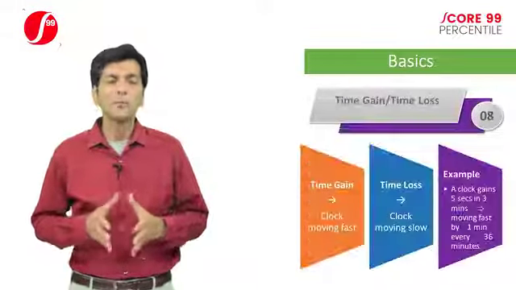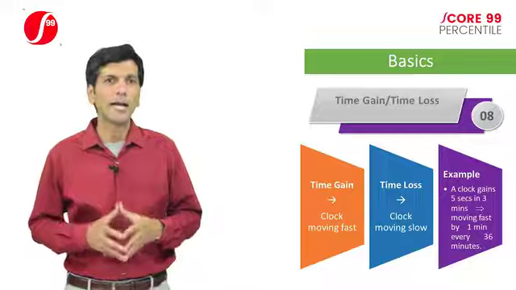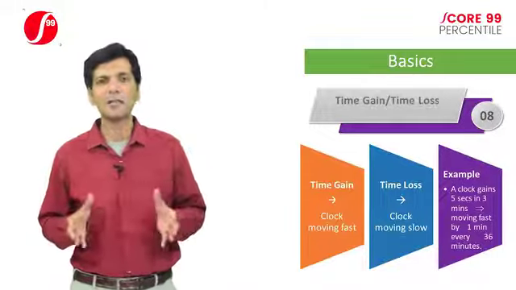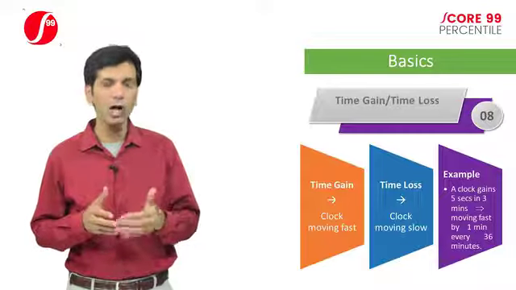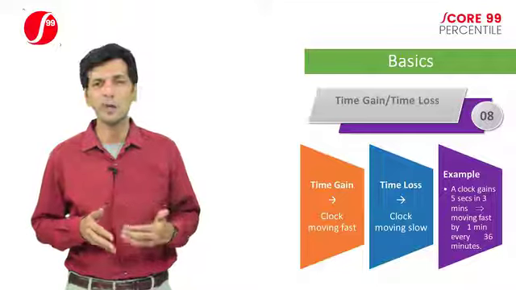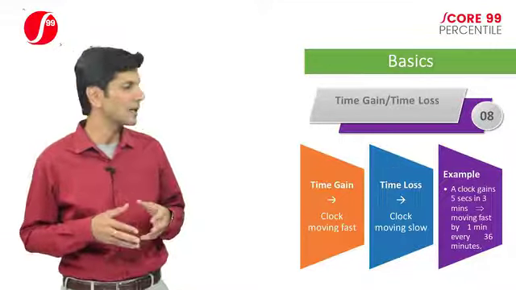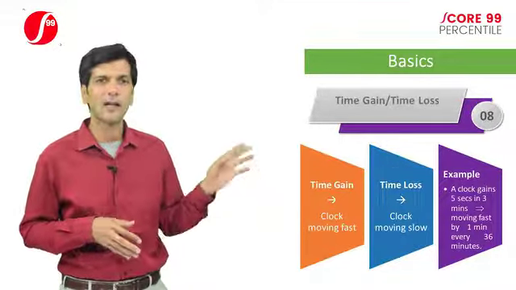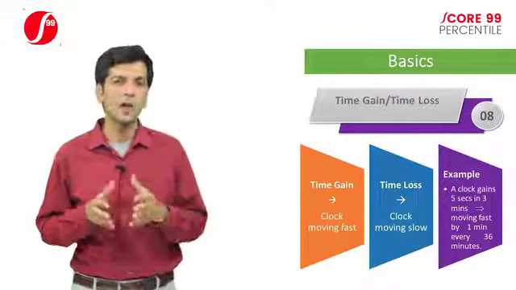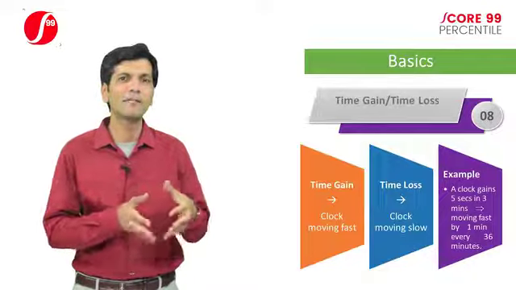Now there is another important point that we have to know here about time gain and time loss. Time gain in very simple terms means that the clock is moving fast, and time loss simply means that the clock is moving slow. Say for example, a clock gains 5 seconds every 3 minutes.